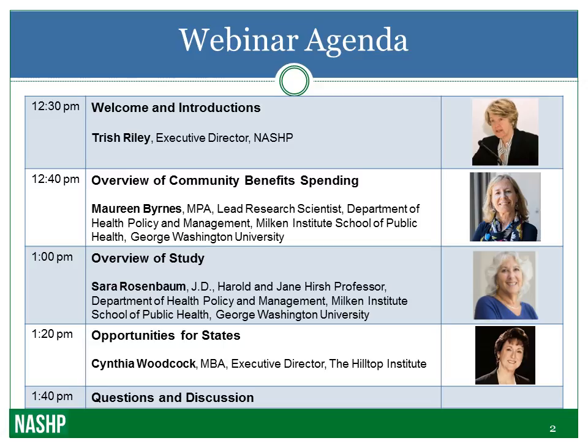We have a really terrific panel joining us today, and we're very pleased to have all of them. Let me quickly introduce them, and they're all extraordinary, so I'll just quickly give you the highlights of their distinguished careers and introduce them in the order in which they'll speak. Maureen Burns is the lead research scientist and lecturer in the Department of Health Policy and Management at the Milken Institute School of Public Health at George Washington University.